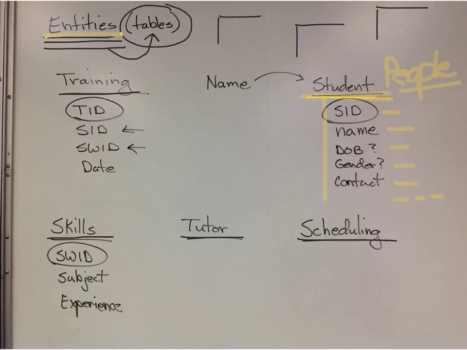Alright, so we created people, created skills. Skill, work ID. So we did it like school, so what subjects and how much experience they have in there. And then they talked about experience maybe being filtered into maybe four categories: expert, very good, some experience, still learning.